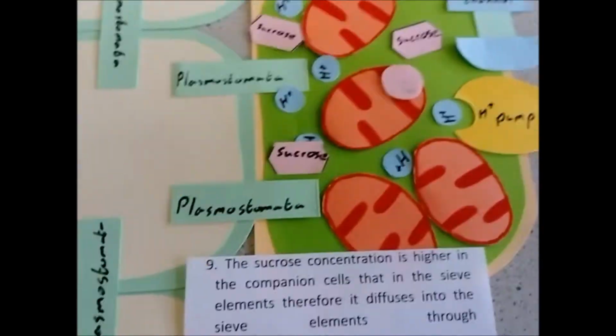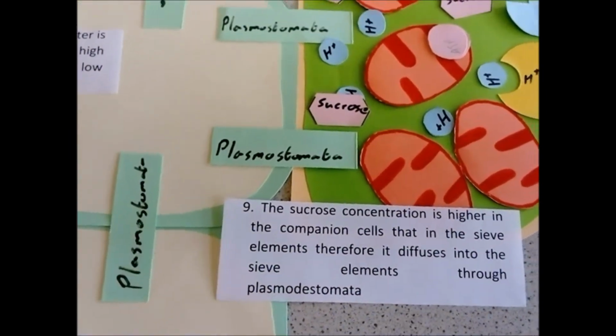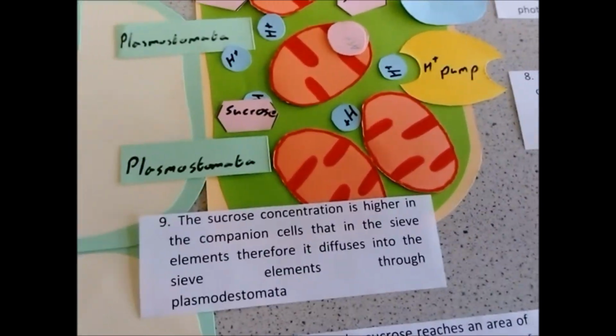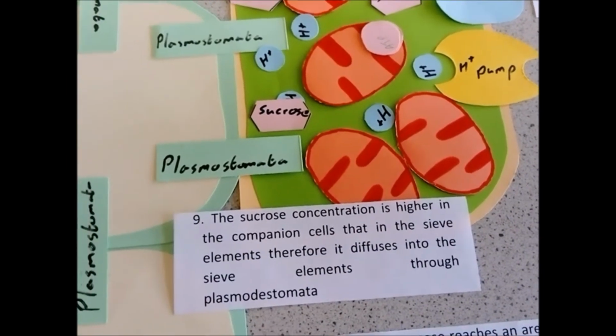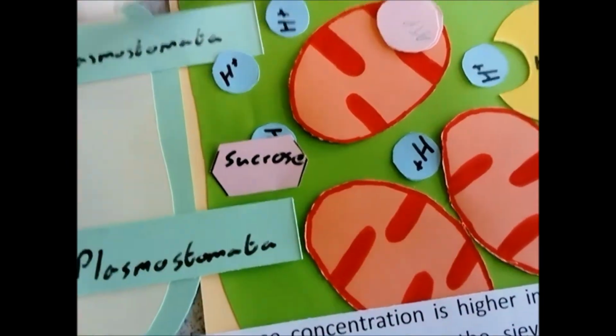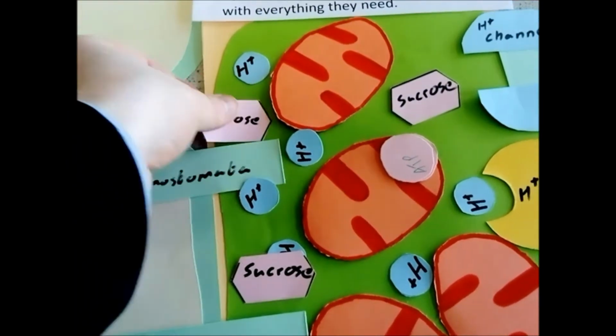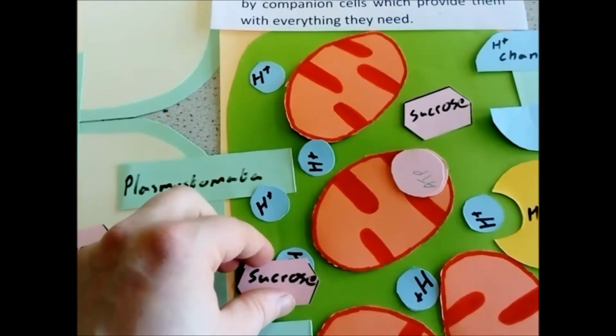So the sucrose concentration is higher in the companion cells than in the phloem sieve elements. Therefore the sucrose will move into your phloem sieve elements through the plasmastomata.